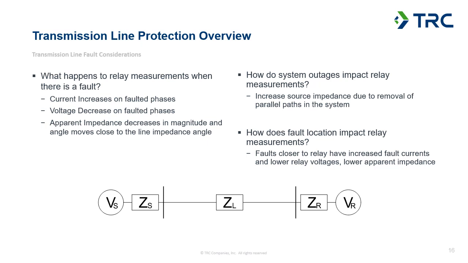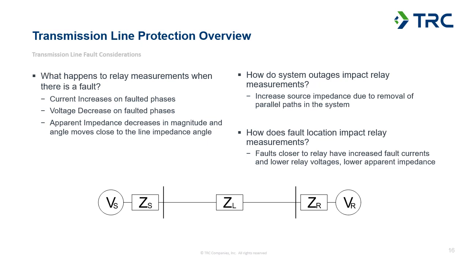Under normal load conditions, we're going to have near nominal, fairly balanced three-phase voltages, and we're going to have fairly balanced three-phase currents that will be primarily resistive, with a little bit of inductance in there, but generally more resistive than inductive.